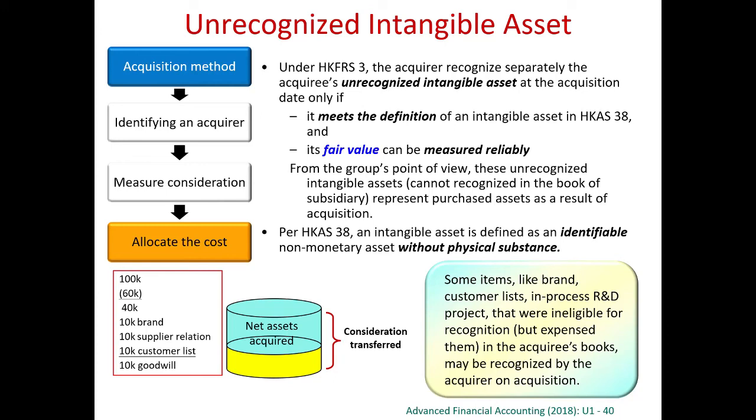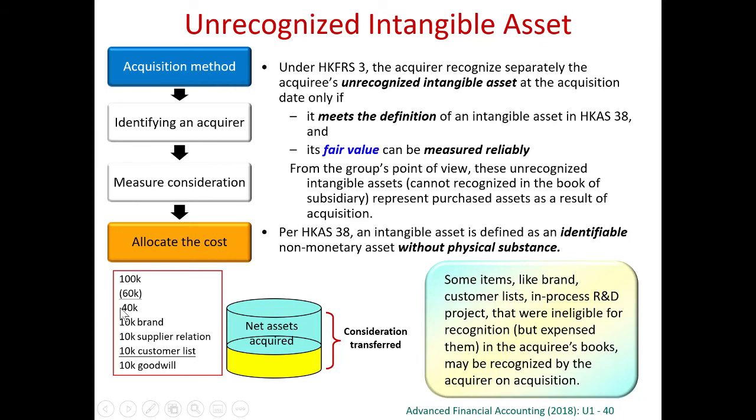I pay $100 to acquire that business, but actually that business's net assets are worth only $60. I cannot say that I'm stupid, so I say I pay 100 because there must be something good in that business. I call it goodwill. Therefore, this $40 is goodwill. But actually, I cannot tell what that $40 is for.